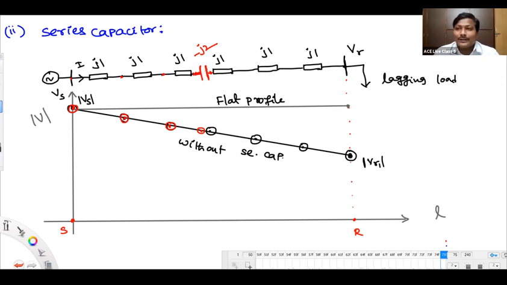So the voltage drop suddenly decreases, and the resultant voltage will rise at that point. And again, if you find the impedance or voltage drop here, j3, minus j2, j1, the net impedance increased, the voltage drop increases, and the resultant voltage will fall down. And again, here also falling. How is the voltage profile now?